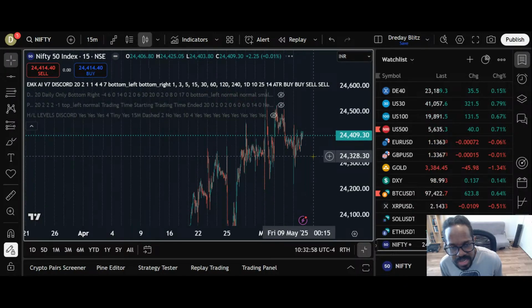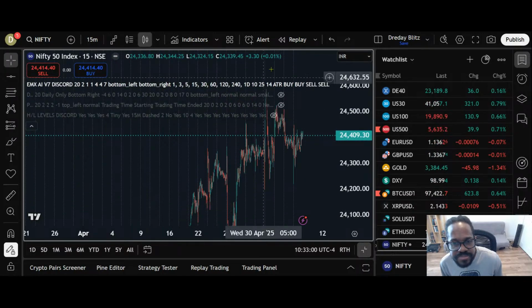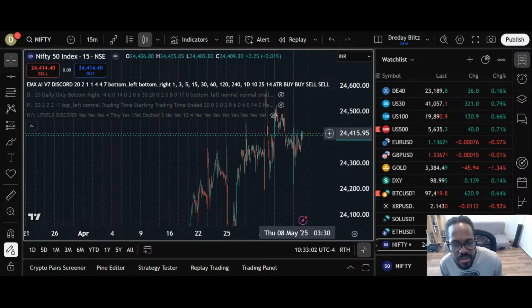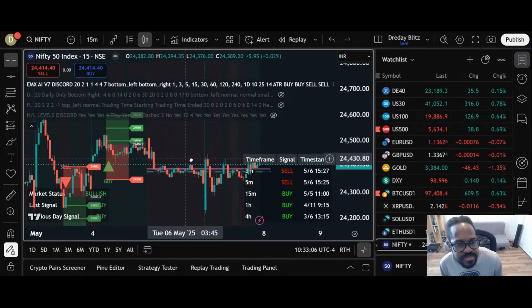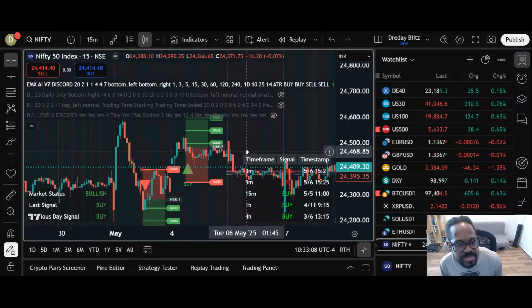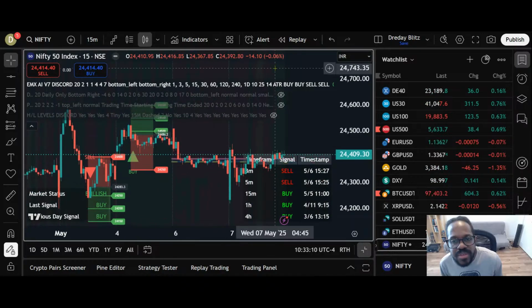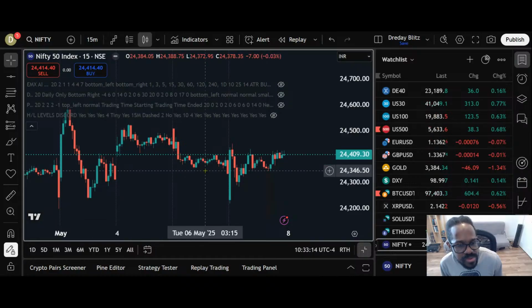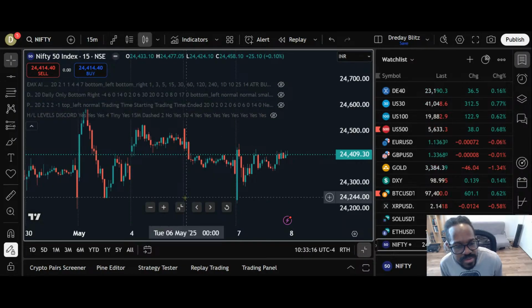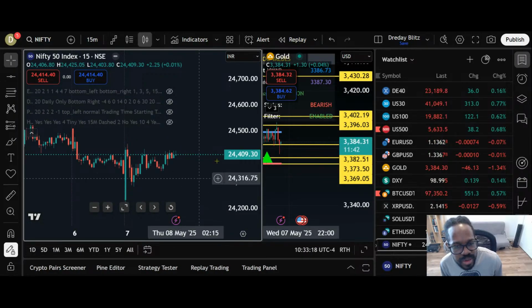We have an index in India. Depending exactly on the indicator here, you're going to have some results.